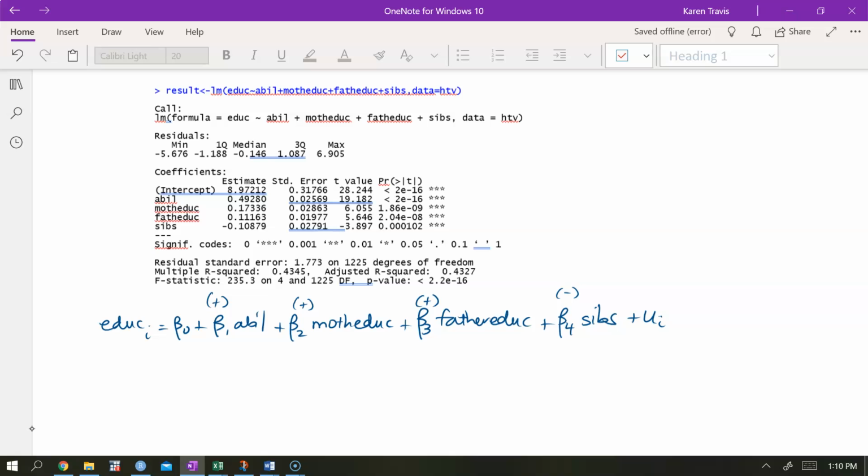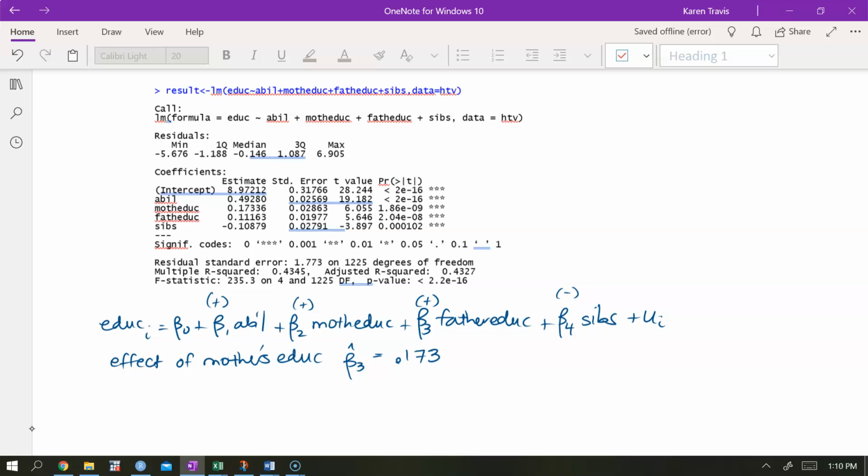So let's suppose I believe that the effect of mother's education that we have estimated is 0.173 approximately. So that means each additional year of education for the mother is raising the years of education for the individual by 0.17.